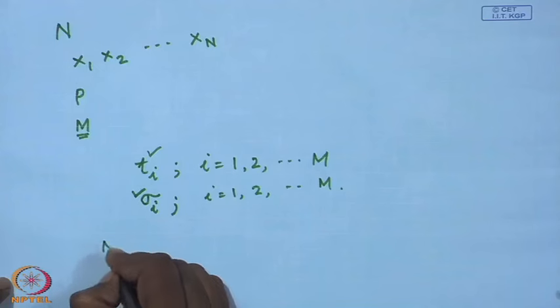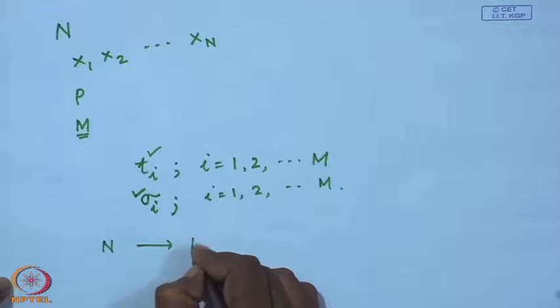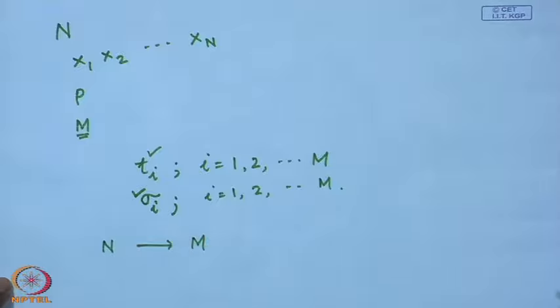Clustering we have not discussed yet, but for the purpose of completion of this lecture, I will simply indicate what this clustering means. So, I have capital N number of samples, from that I have to form capital M number of clusters. So, it is understood that this n has to be greater than capital M. If n is less than m, that is, the number of training samples is less than the number of clusters to be formed, it is not possible.